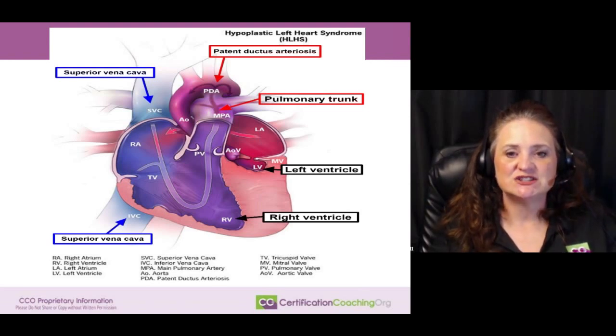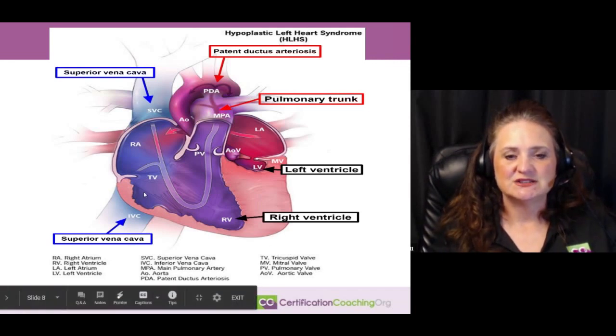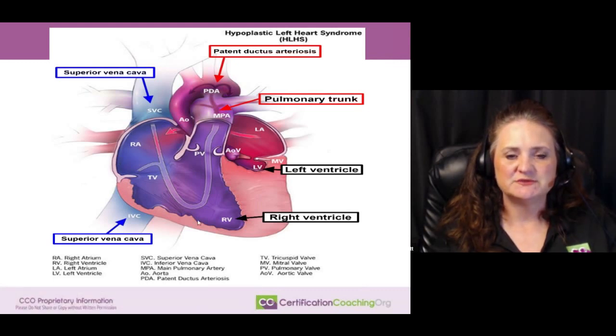There is also an anomaly that's called hypoplastic left heart syndrome, and when this happens, notice that we don't have a good valve here from the atrium to the ventricle, okay?